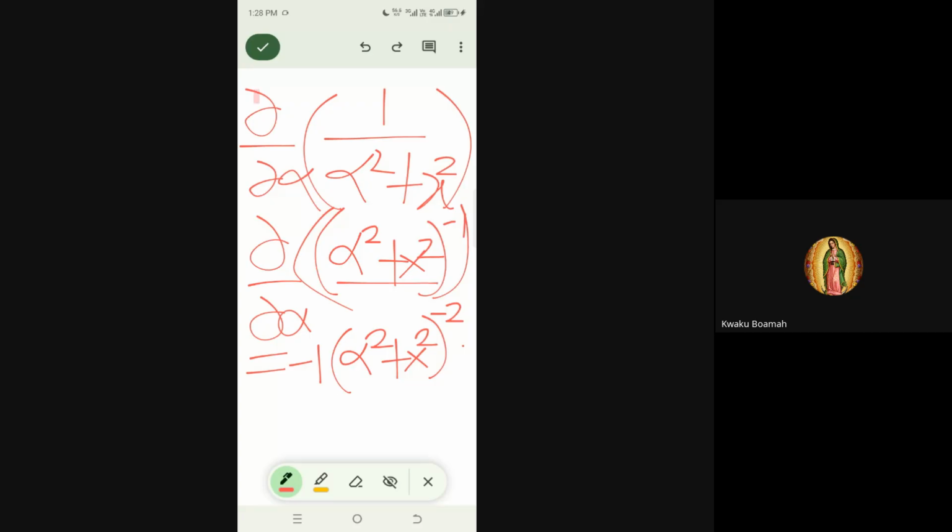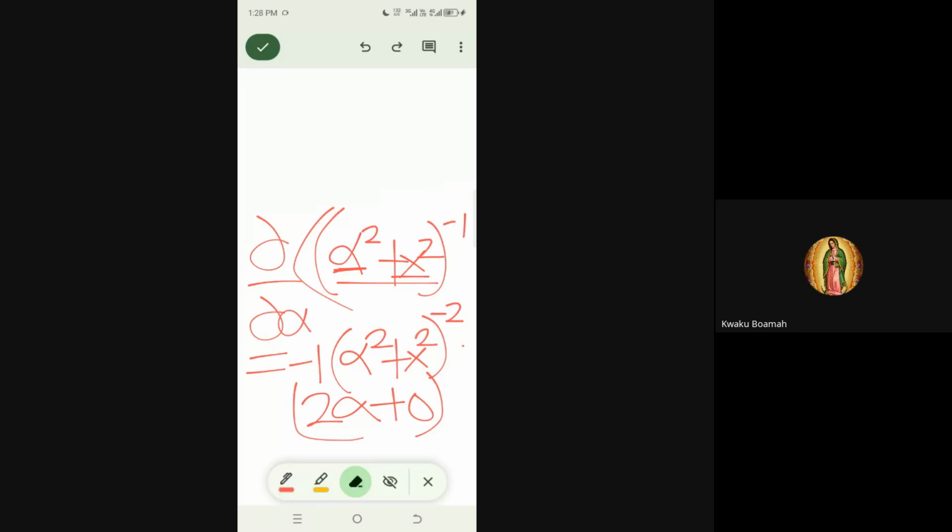So when you differentiate this, you're going to get 2 alpha. This is a constant, so you get 0. So you can rewrite it as negative 2 alpha. We want to bring this down, so you have alpha squared plus x squared, all squared.